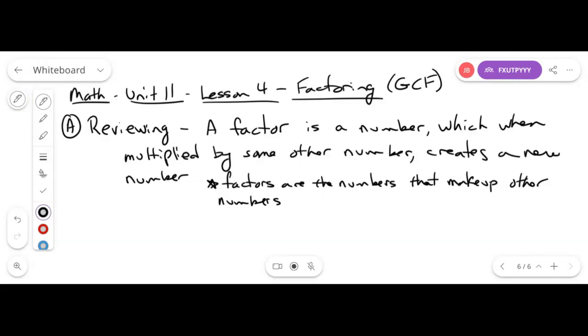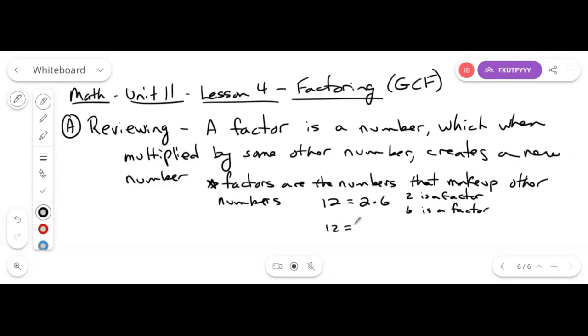So for example, if we take the number 12, well, 12 is 2 times 6. 2 is a factor. 6 is a factor. Those two numbers multiply together to give me a new number.